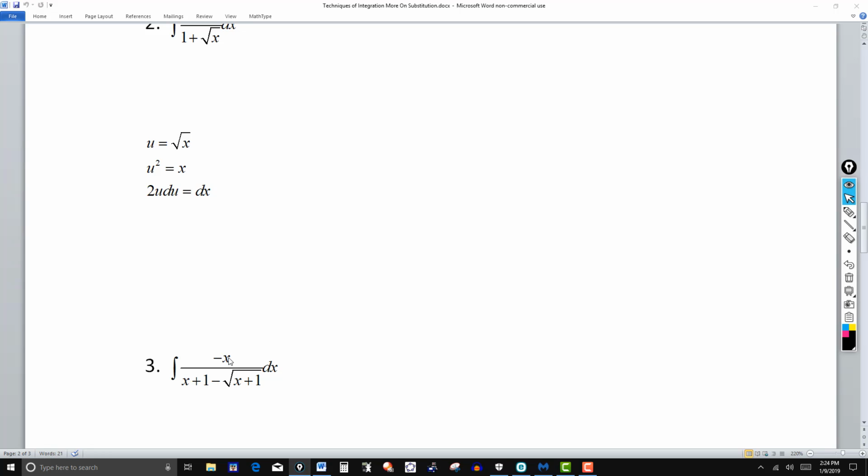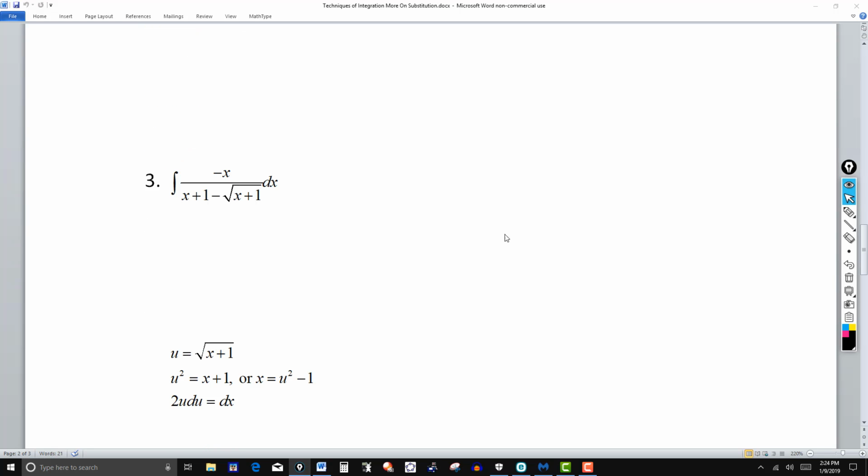So again, you could play around with this. You get the pattern here when the examples have a radical. So generally, when you have a radical, you're going to let u represent, in a lot of cases, the whole radical. And depending on how it's written, it could be just the radicand here. But in this particular case, kind of like the last one here, I let u equal the square root of x plus 1.